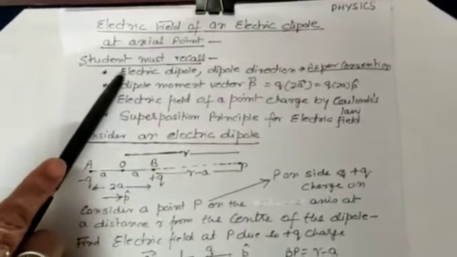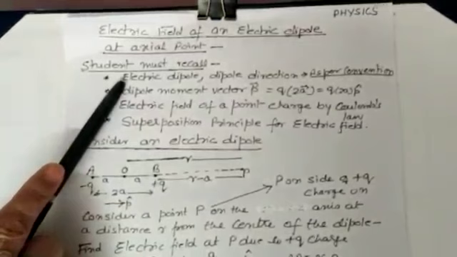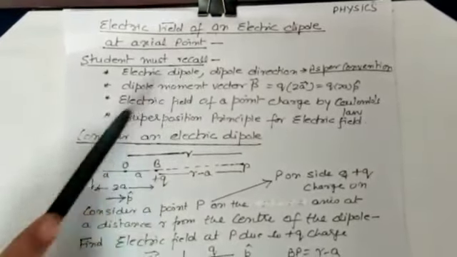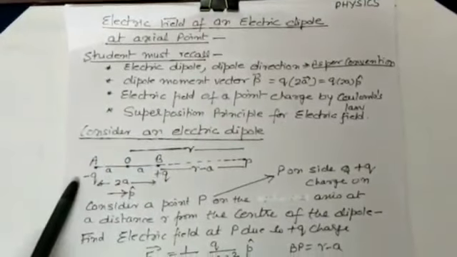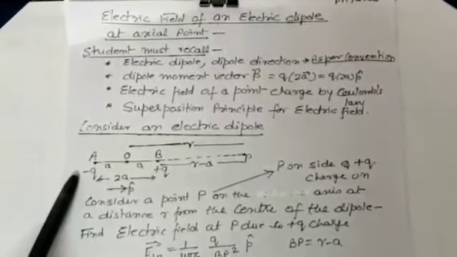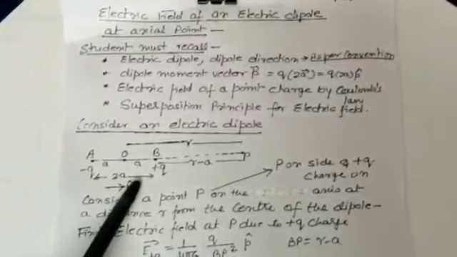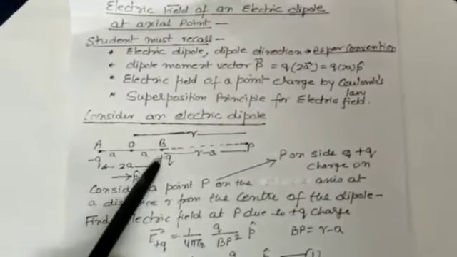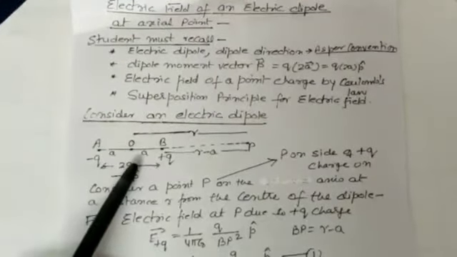Now for recalling, an electric dipole is a pair of equal and opposite point charges q and minus q, which are separated by a small distance 2a. The line connecting the two charges defines the direction in space.